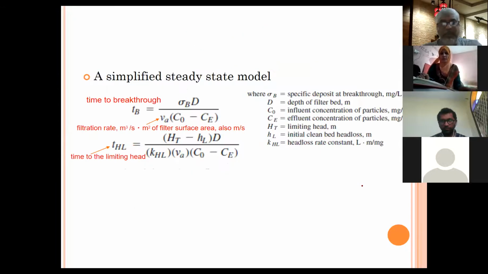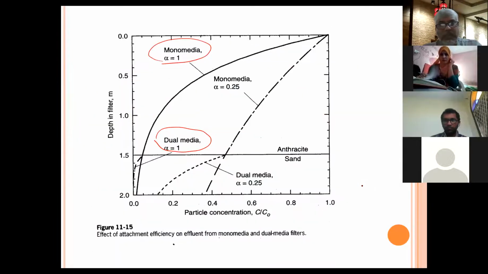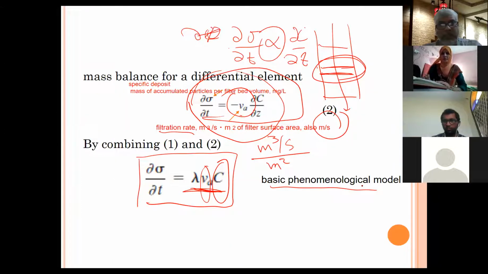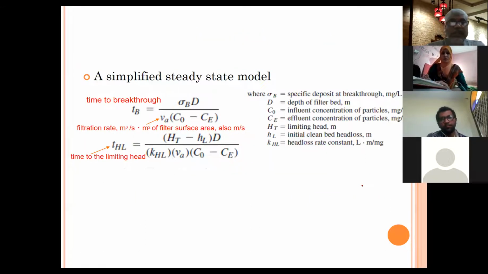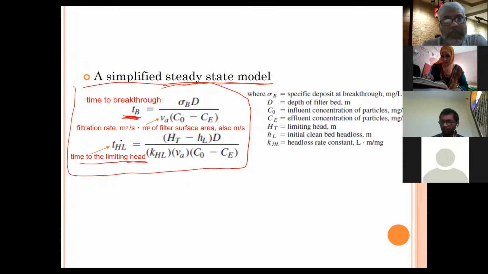These two models, both the Rajagopalan and this macroscopic model, are quite complex, so we will not discuss them in detail. There are some simplified steady state models. When filtration occurs at steady state, we can have these two simple equations, which tell us the time to breakthrough and also the time to limiting head loss.